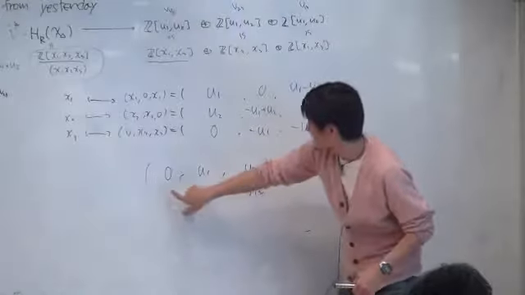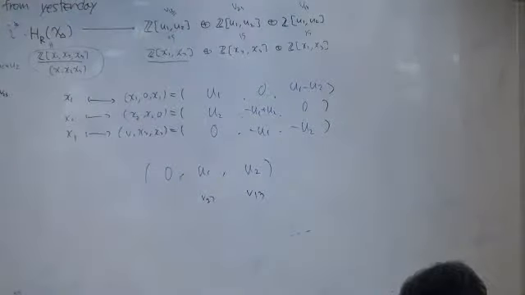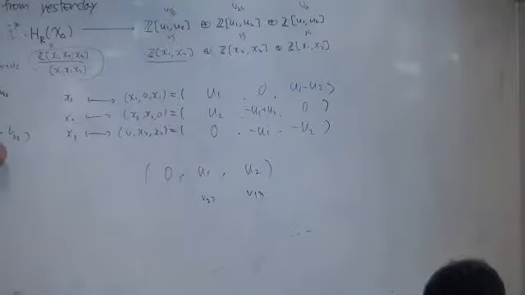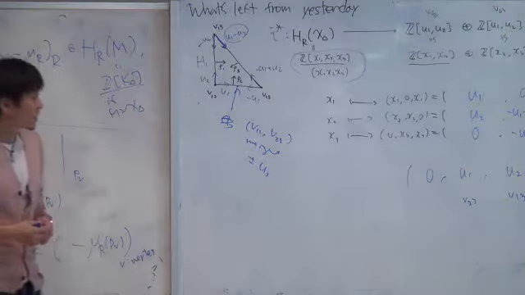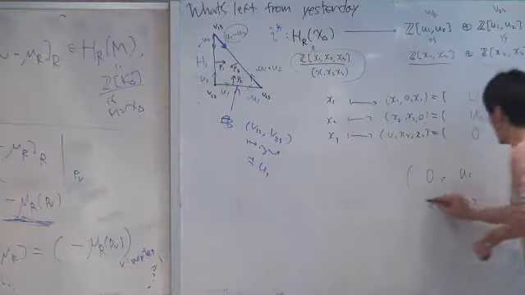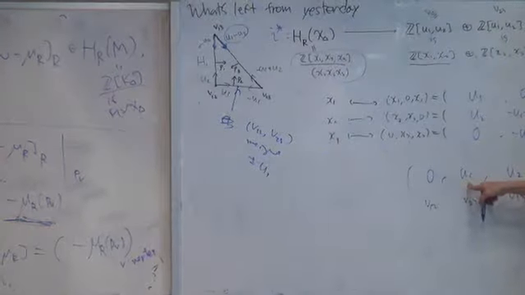Yeah? So let's look at this, 0 and u1. So there is an edge here, right? This edge is given by v12 and v23. The weight is plus minus u1. So the difference between this and this is u1. It's divisible by plus minus u1.